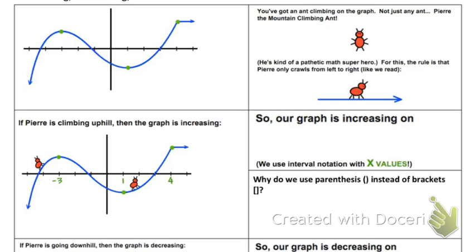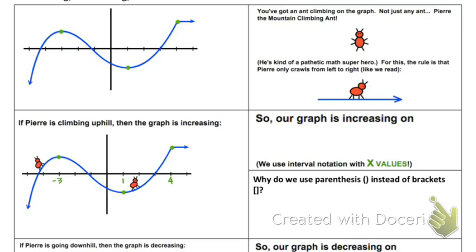If Pierre is ever going uphill, going left to right, like right here and right here, your graph is known as increasing at those intervals. Whenever Pierre is walking uphill, left to right, he is increasing. When we do increasing, constant, and decreasing, you have to use your x values.